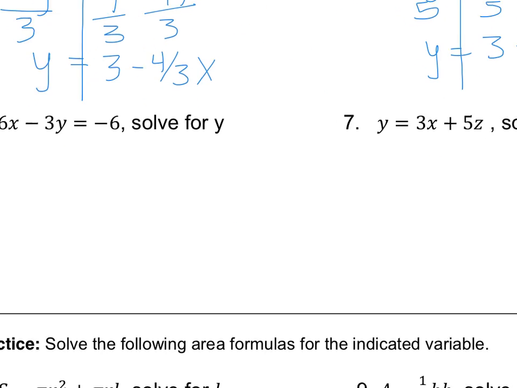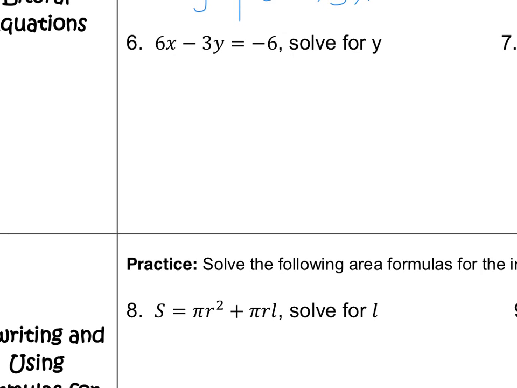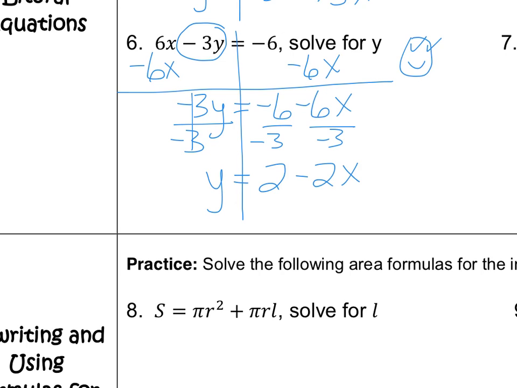Okay, so number 6. Again, another solve for y. Go ahead and pause the video. Make sure before you pause the video that when you circle that term you're solving for, negative 3y, you're going to be using your negative checker on the smiley face. Okay, so a couple things to notice. The answer is y equals 2 minus 2x.